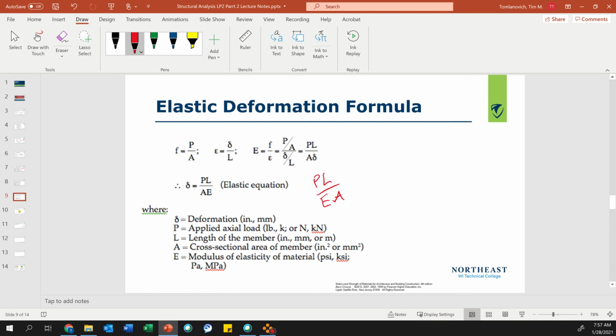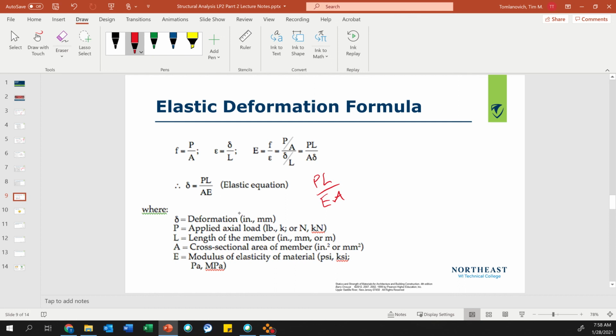So deformation in inches, actual load in pounds, length in inches, cross-sectional area of the member in inches squared or millimeters squared, modulus of elasticity in PSI or KSI. If I report my modulus of elasticity in KSI, my load better be in kips.